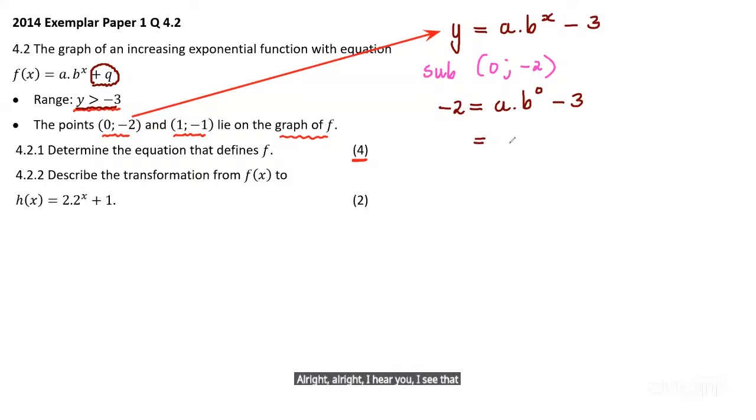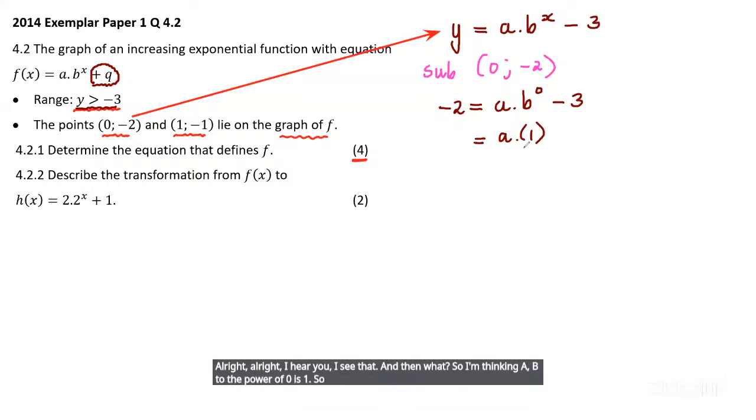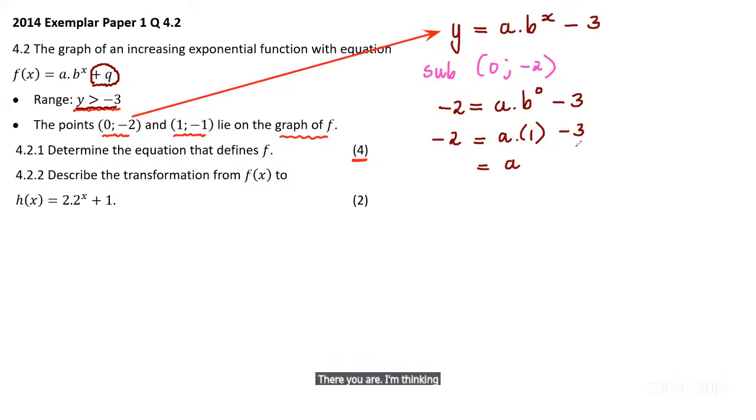All right, I see that. And then what? b to the power of 0 is 1, since any number to the power of 0 is 1. So it's a times 1, and a times 1 is a. Transpose: minus 2 plus 3. The value of a is 1. I'm winning. A is 1.